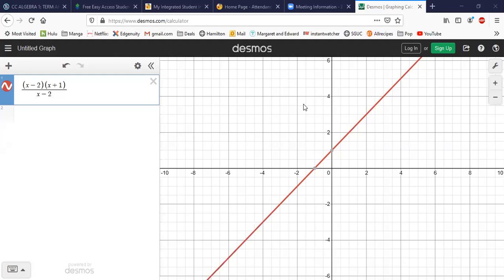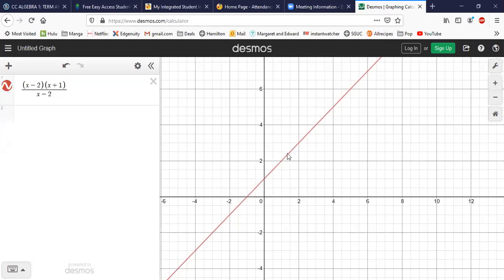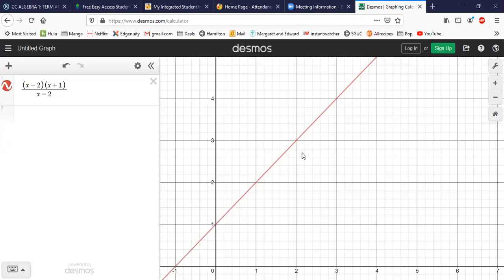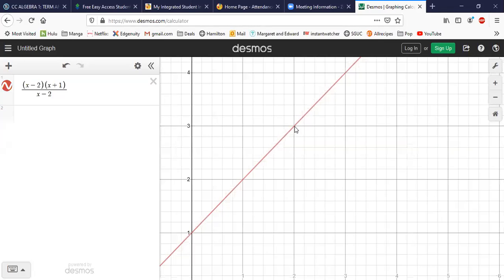So if we look here, this is the graph of the equation. We said when x is equal to 2, so let's zoom in at 2. What does the graph look like when x is equal to 2? The graph looks like 3, right? Everyone see that?